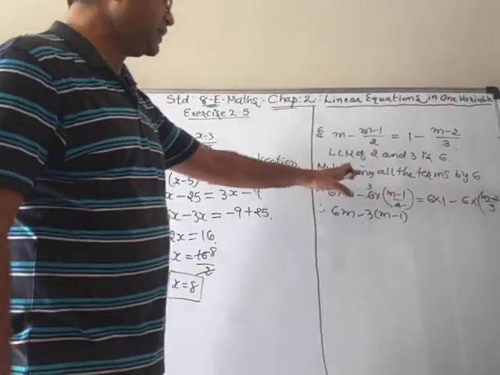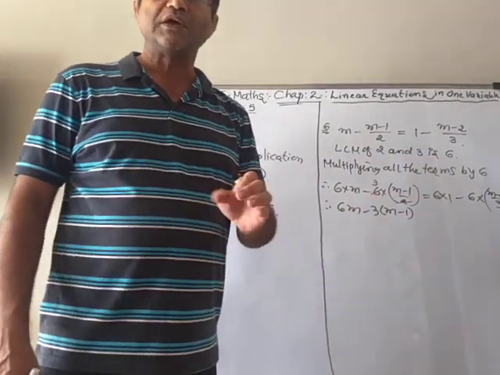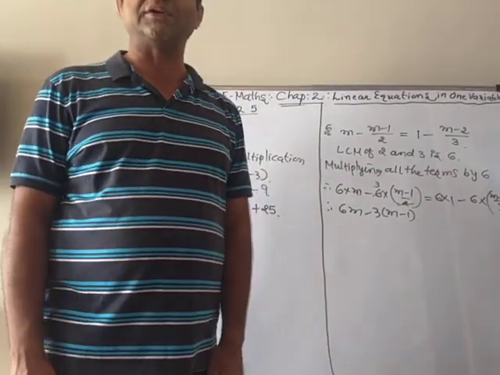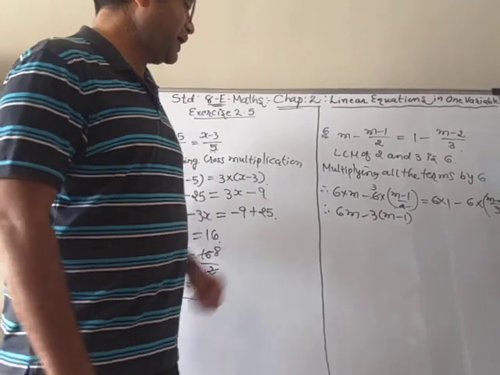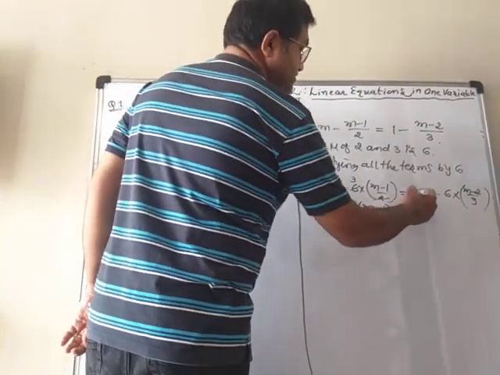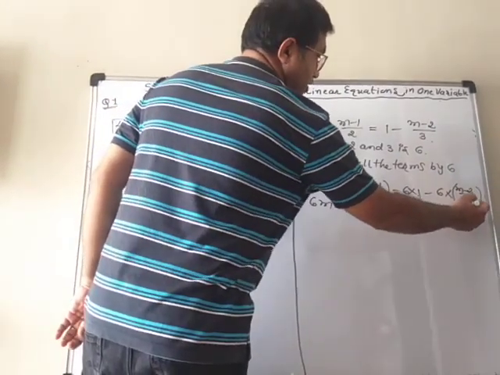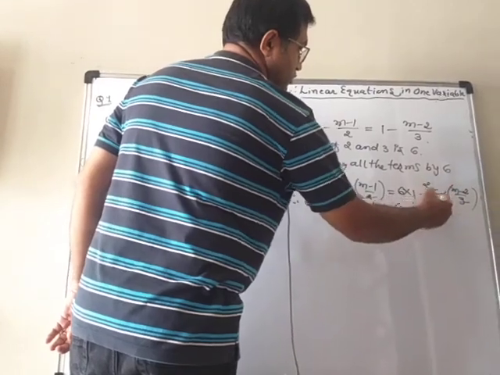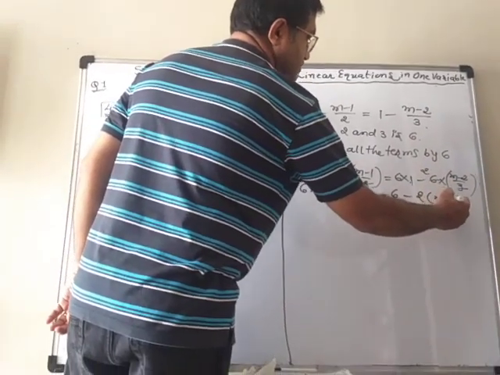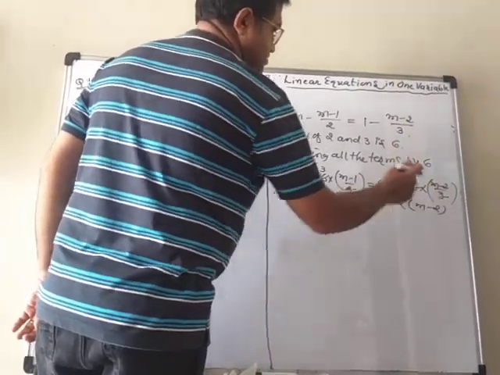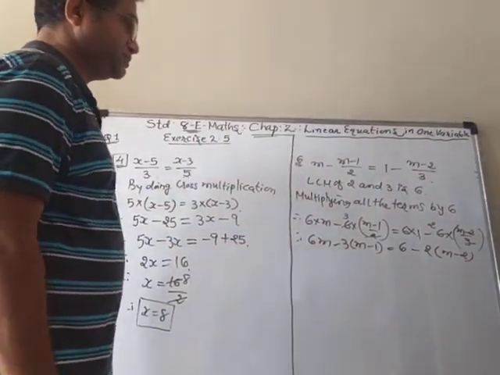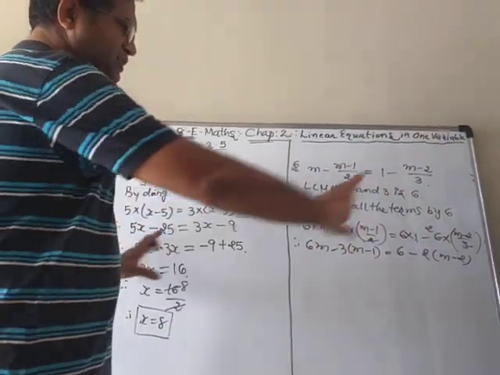By multiplying that, we can remove the denominator. Now is equal to 6 ones are 6 minus, here also you can see that. So minus 2 into bracket m minus 2, 3 2s are 6. We can do the cancellation. So now it is reduced.